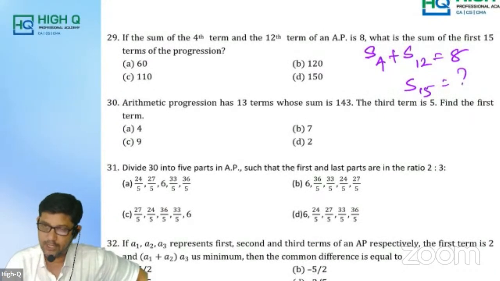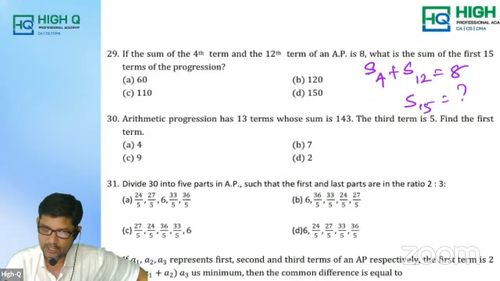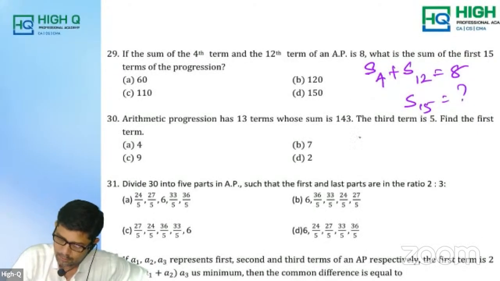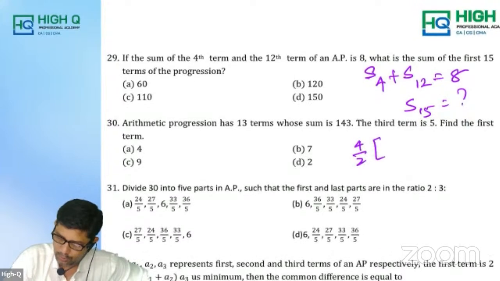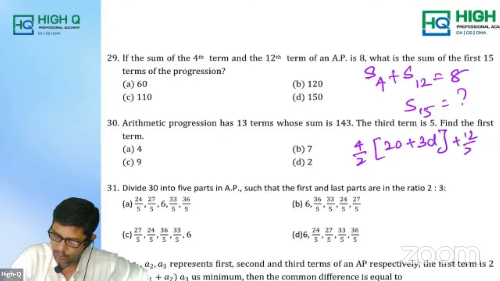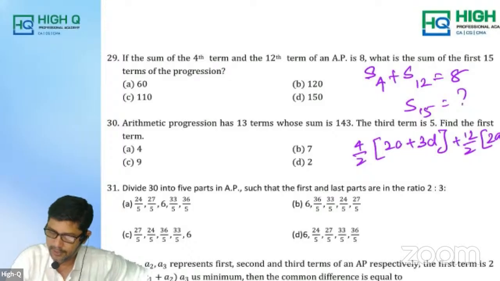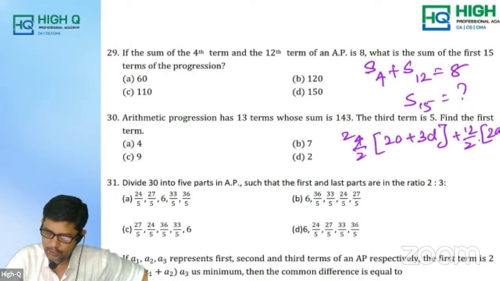S4 plus S12 is equal to 8. They ask you to find out S15. What is S4? 4 by 2 into 2A plus n minus 1 into D, plus 12 by 2 into 2A plus n minus 1 into D is equal to 8. Divide each term by 2.